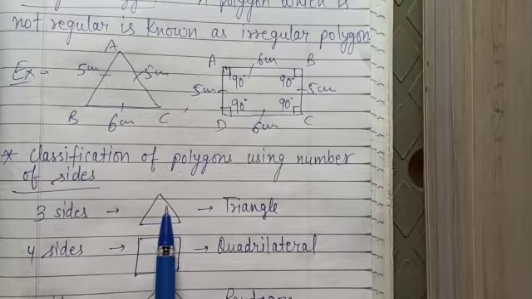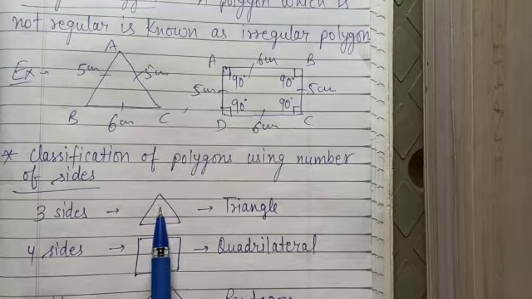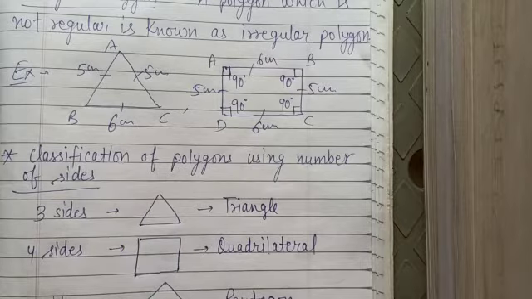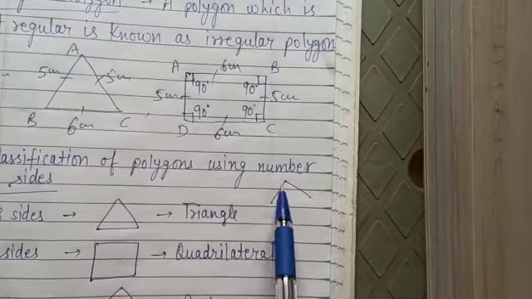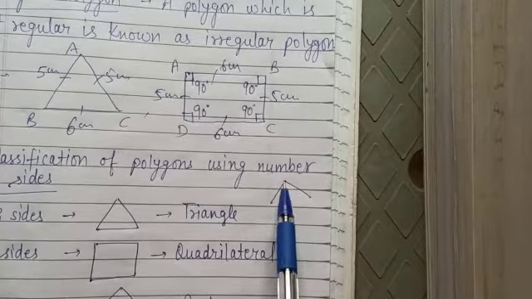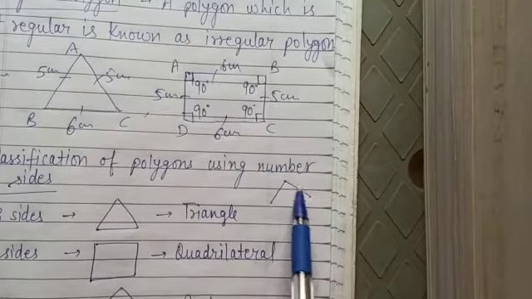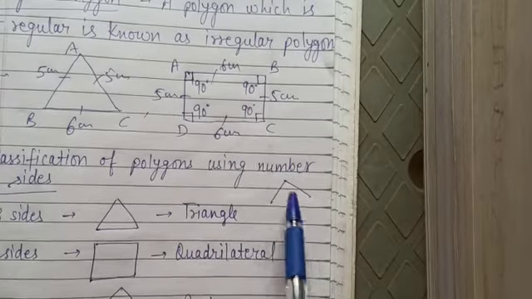Now we will learn to classify polygons using number of sides. So here we give a name to a polygon using number of sides. Tell me first, at least how many sides should we have to form a polygon? 3 sides, because taking 2 sides a polygon cannot be formed, because using 2 sides the figure will be open, and open will not be a polygon, because polygon is a closed figure.